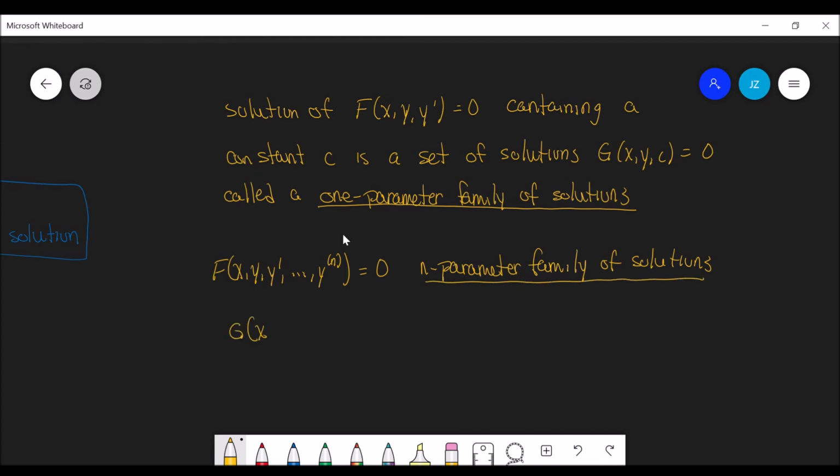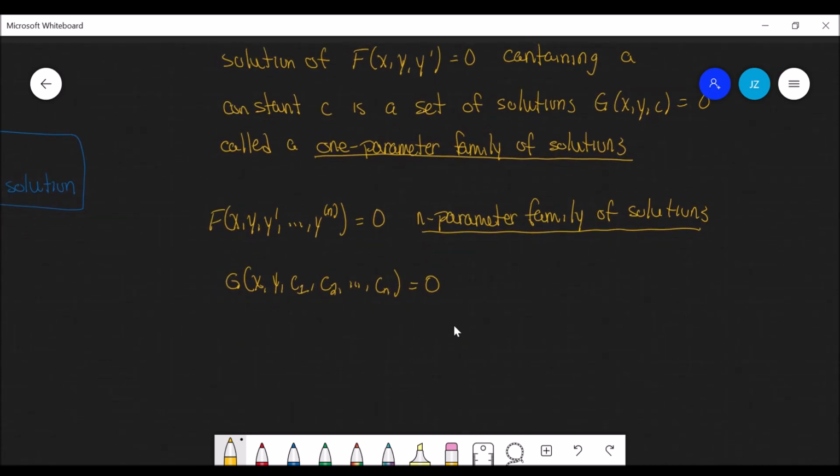G of x, y, c1, c2, so on and so forth to cn is equal to 0. Furthermore, any solution that is parameter free is called a particular solution.